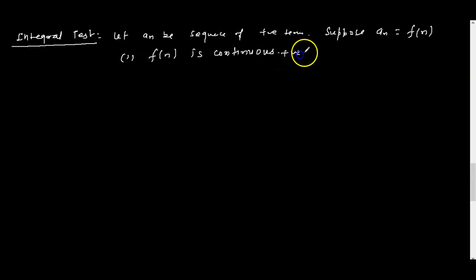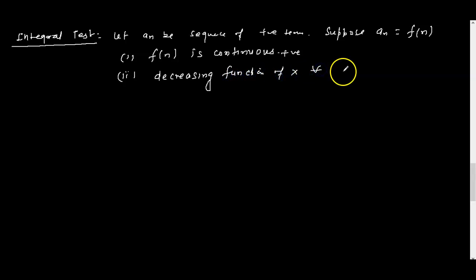Continuous, positive. And the second is a decreasing function of x, decreasing function of x for all x greater than or equal to n, where n is a positive integer.